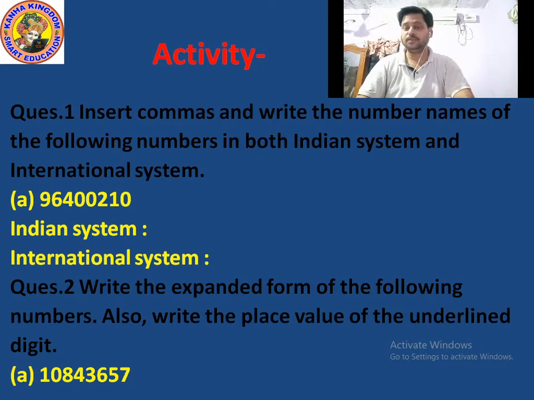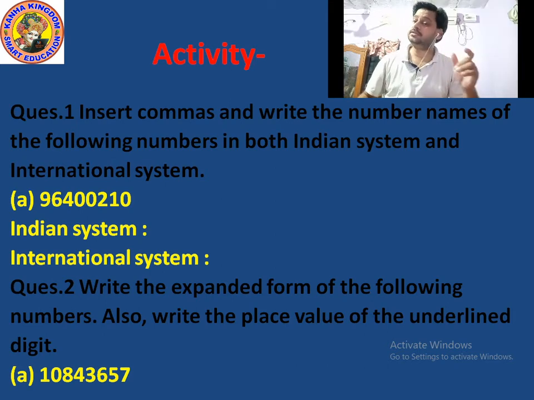The number is 96400210. Once again I repeat the number, 96400210. First, the Indian system. How to write in the Indian system? First you count the digits. How many total digits are in this number?